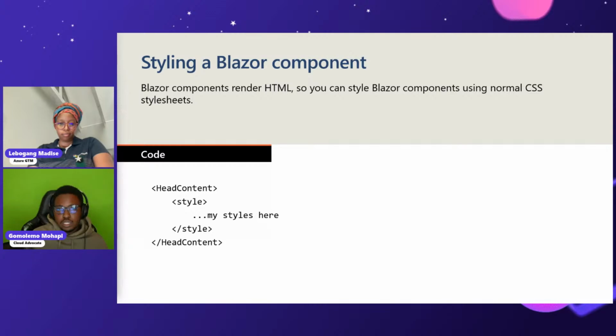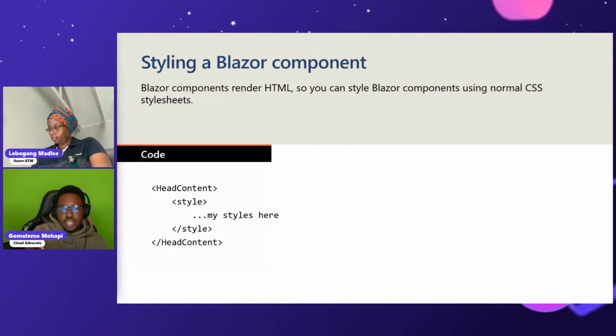When we are doing the demo later, you will see that we have a specific naming convention when we create Blazor components. And then if you want to have a CSS style sheet that's specific for that component, we just use the same name and we append it with the .css file extension.